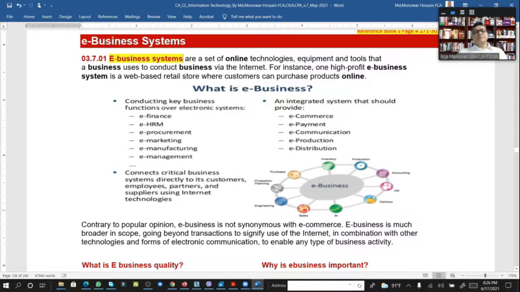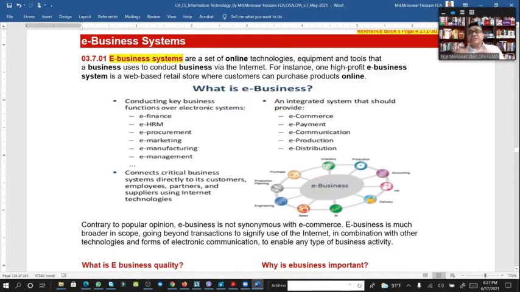E-business means conducting key or main business functions over electronic systems, and that includes e-management, e-manufacturing, e-marketing, e-supply chain management, e-processing, e-production, e-procurement, e-HRM, and e-finance, all within e-business. It connects critical business systems directly to customers, employees, partners, stakeholders, suppliers, creditors, and debtors, all using internet technology.